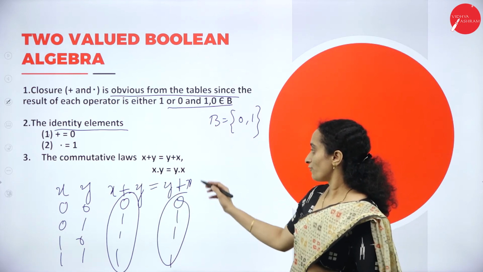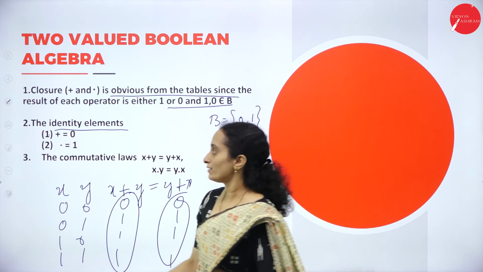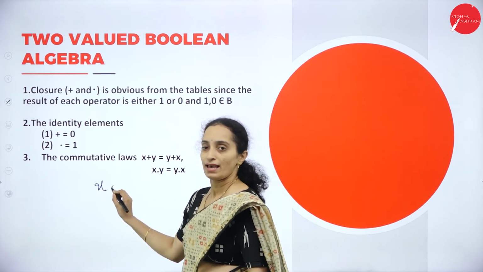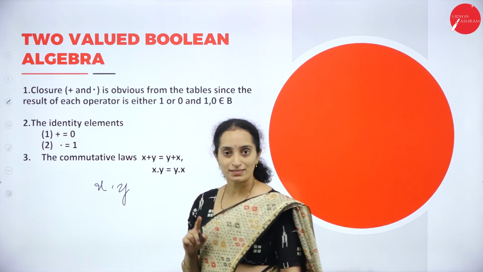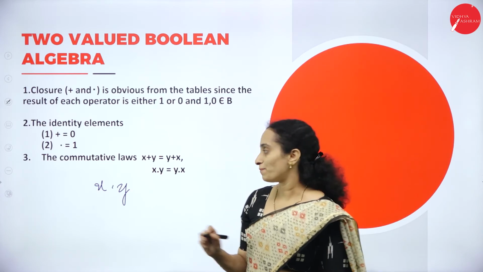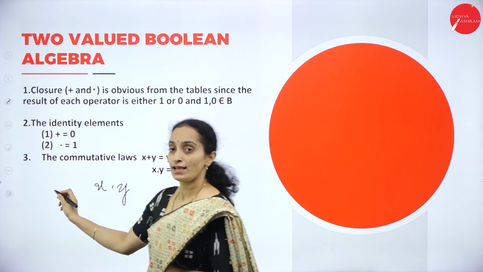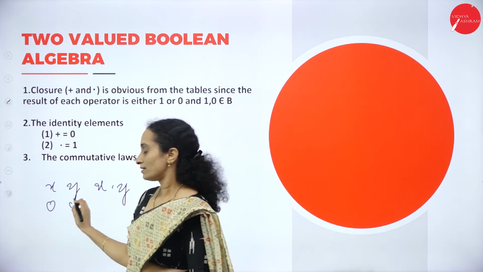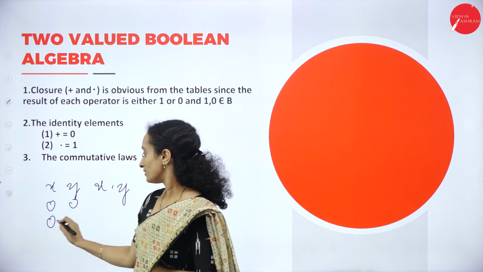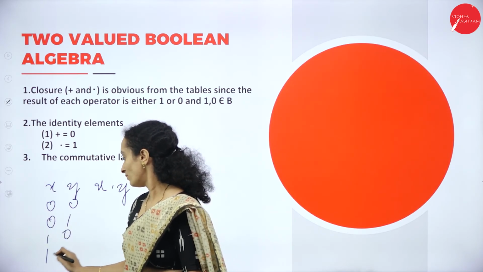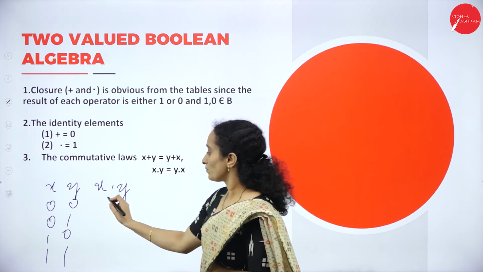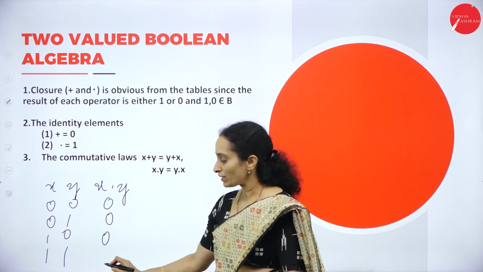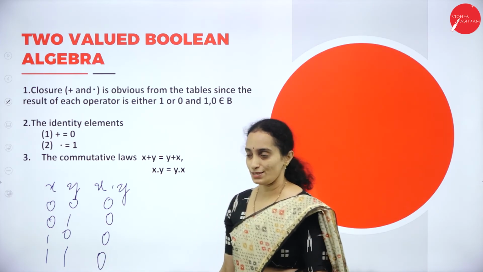Okay. If you check for x into y and y into x, x into y represents the AND operation. What values can x and y have? 0, 0; 0, 1; 1, 0; 1, 1. X into y: 0 into 0 is 0, 0 into 1 is 0, 1 into 0 is 0, 1 into 1 is 1.